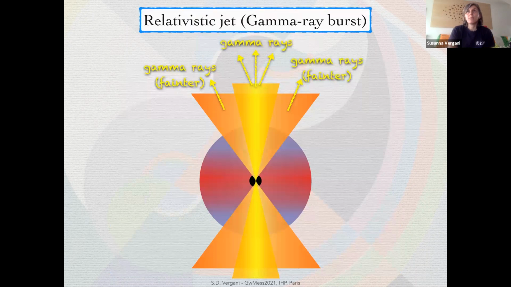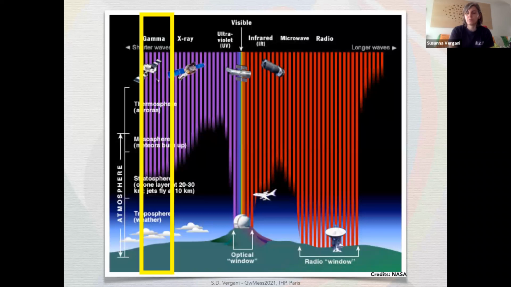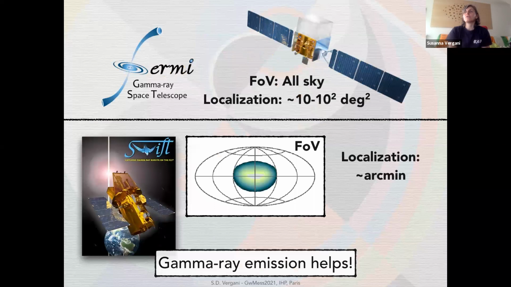Then there is the gamma ray emission, which is also related to the relativistic jet. Can I observe it? To observe it, I need to use satellites, and I have 2 satellites mainly that can do the job.